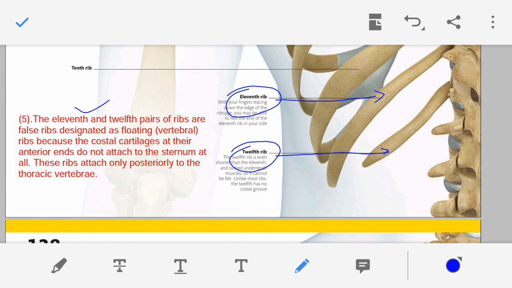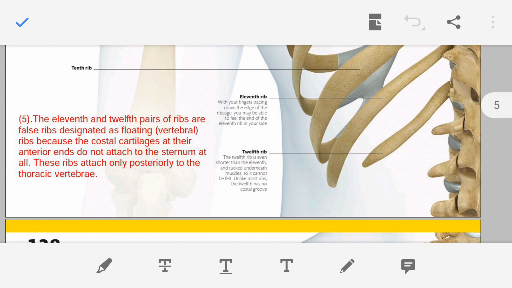So the 11th and 12th pair of ribs are known as the floating or the vertebral ribs, because the costal cartilage at their anterior end is not joining to the sternum at all, and on the back side, on the posterior side, they are articulating with the thoracic vertebra.